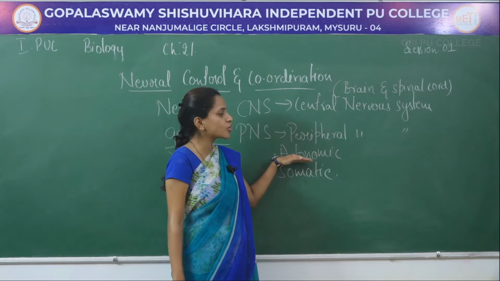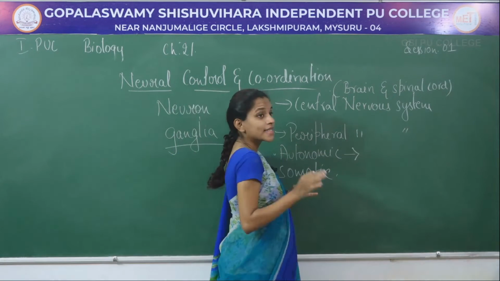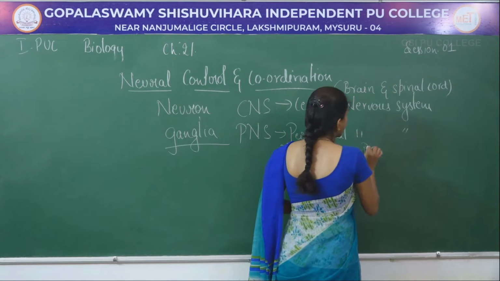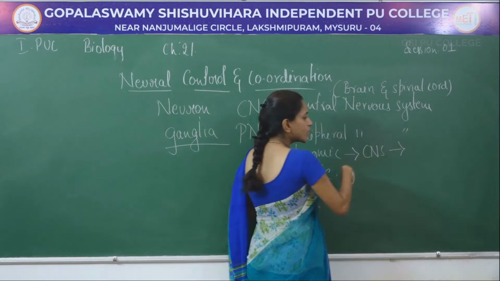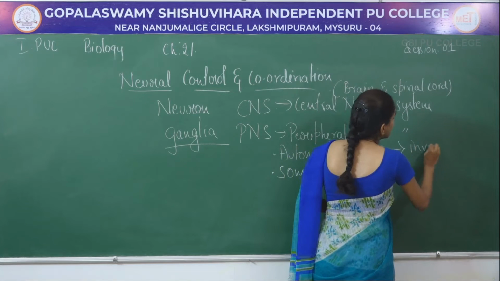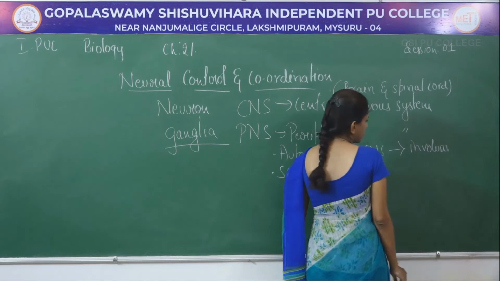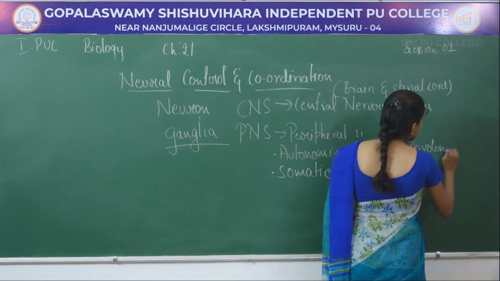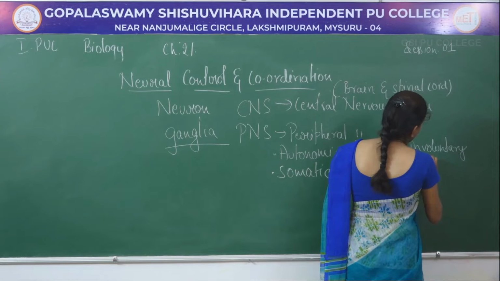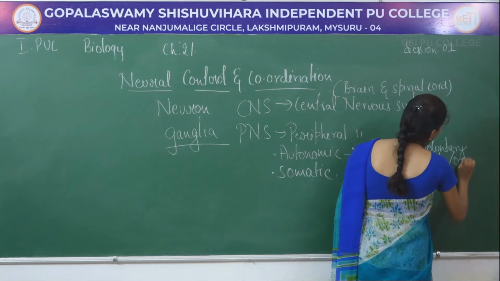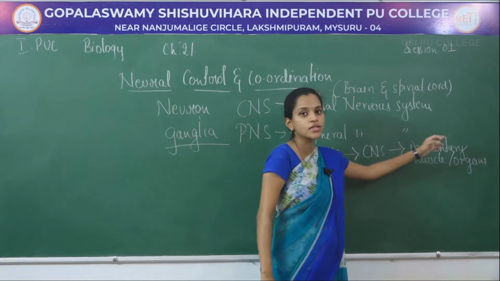When it comes to the autonomic nervous system, the signals from the central nervous system are transferred into the involuntary muscles or organs.